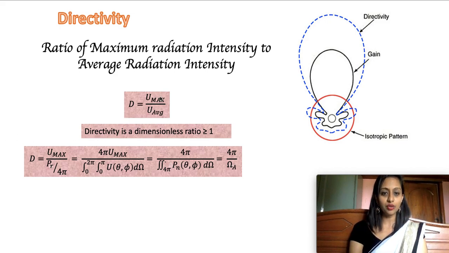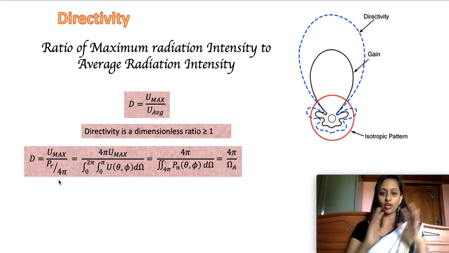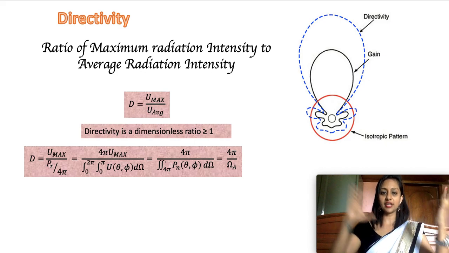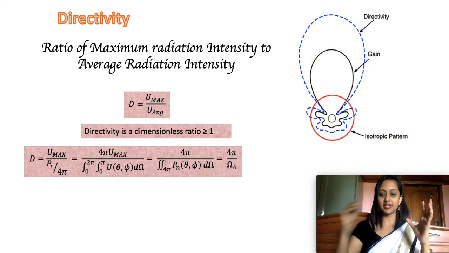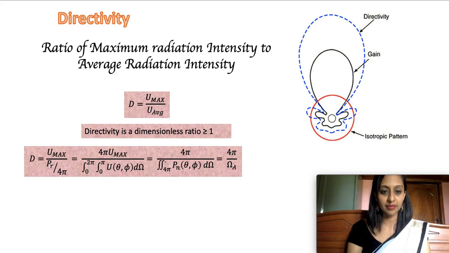We know that U max is by a directional antenna and U average is by an omnidirectional antenna. For an omnidirectional antenna, radiation intensity is given by P_R by 4 pi. Correct? So when I rearrange and take this ratio, what is P_R? If I want to calculate power, I need the surface integration of radiation intensity in all directions, the same thing I have written here.